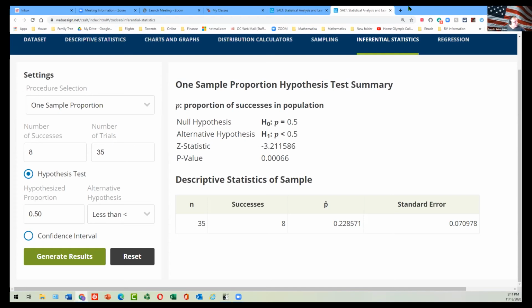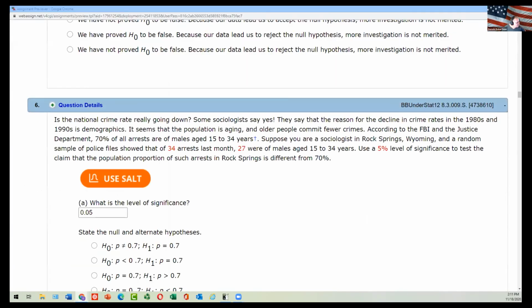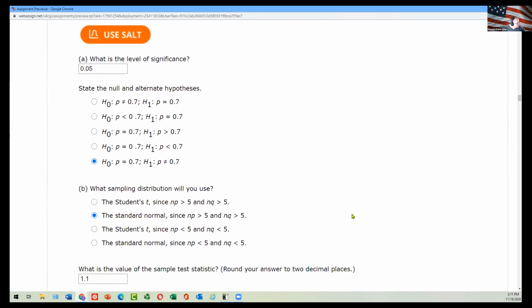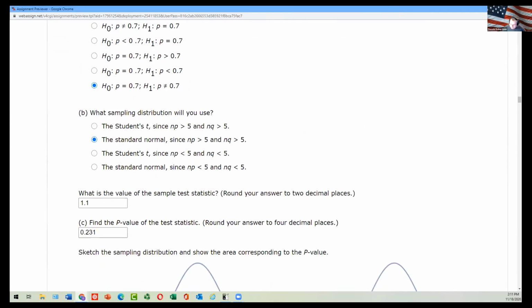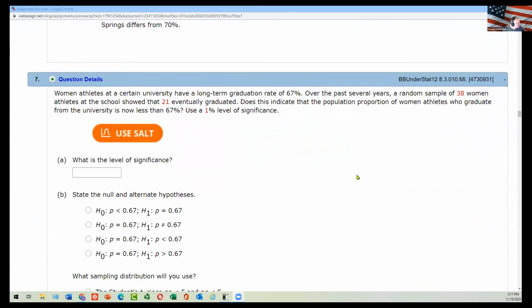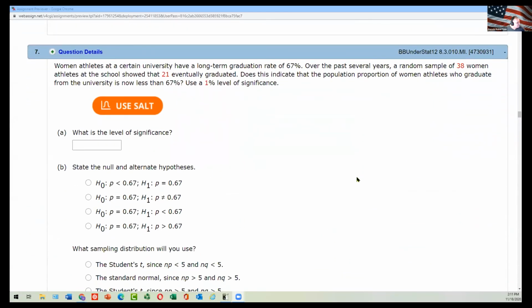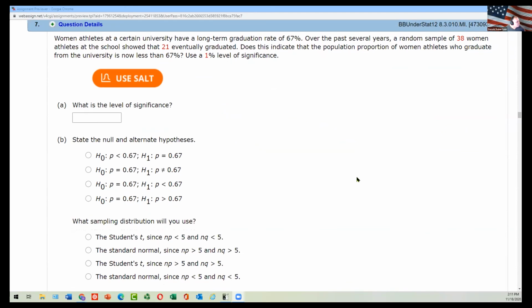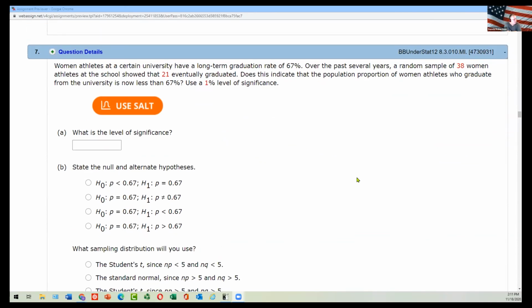Let's go hunting for another one of their questions then. Oh, I'm not sure what screen I'm on. Let me double check. Okay. Women athletes at a certain university have a long-term graduation rate of 67%.